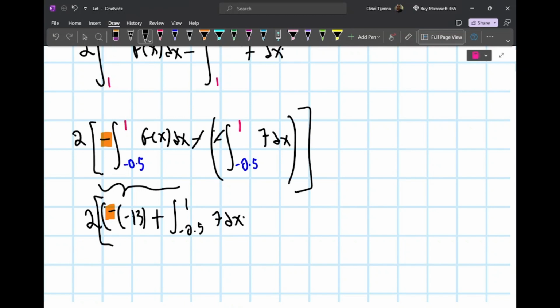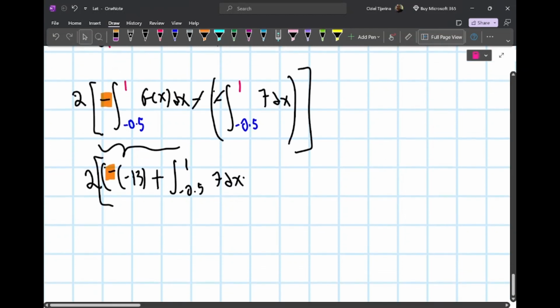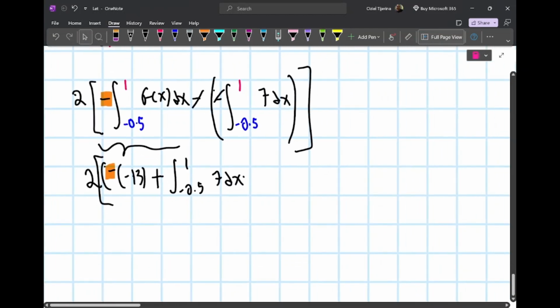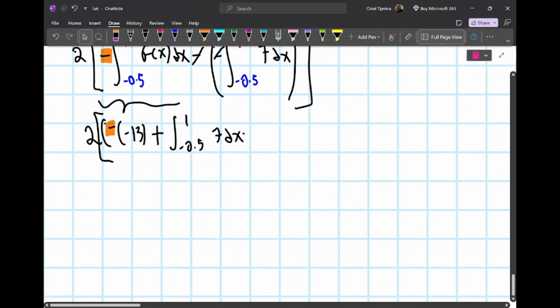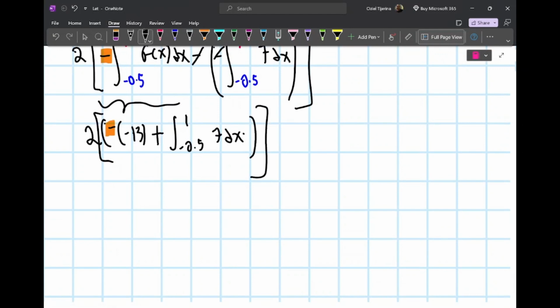And so let's see here. We're going to do the following. So remember that the rule will go like this. So obviously we're going to have 2 times the quantity 13 plus the integral from negative 0.5 to 1 of 7 dx.